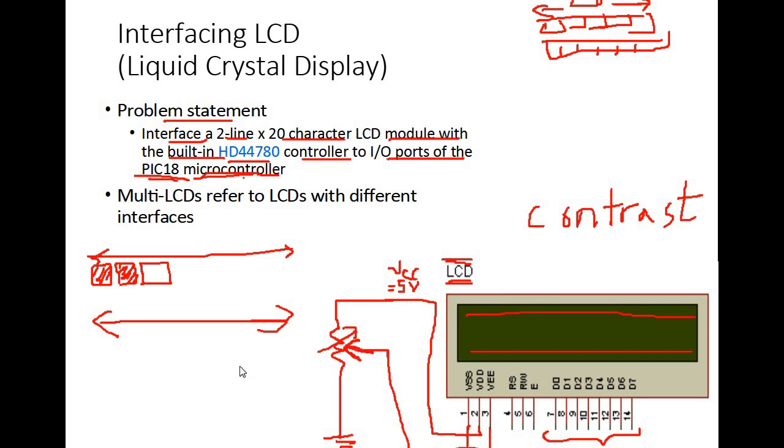You can make the maximum contrast and you should see this particular pattern where all boxes are displayed. If all black boxes are not displayed using this contrast control, it means the LCD is bad. So this is the first thing that you should do, right? These are the RS, RW and E lines of the interface, and these are the data lines. All these lines would be connected to the microcontroller's IO port.